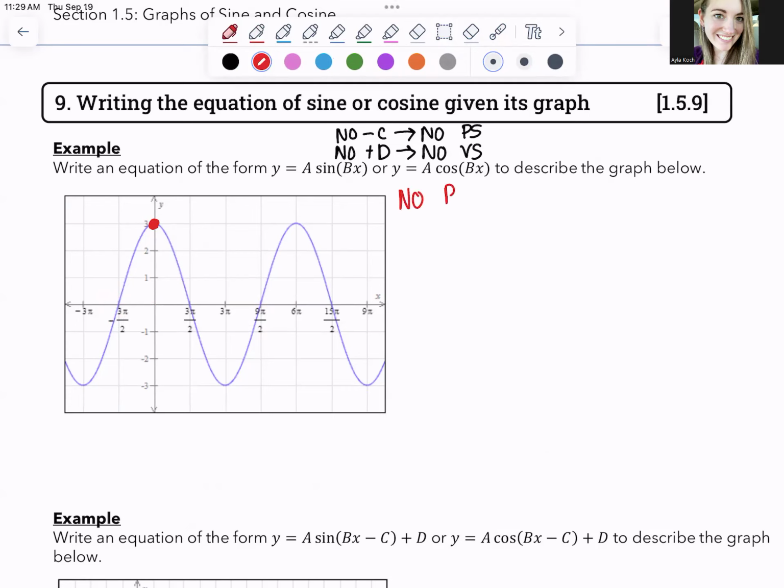So I'm going to write down my thought process here. There's no phase shift. And so the cycle starts at the top of the period, starts at its peak.